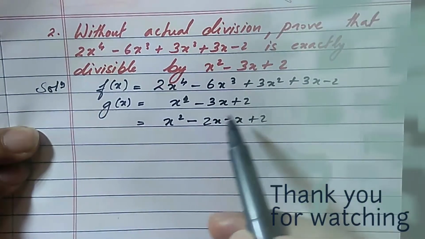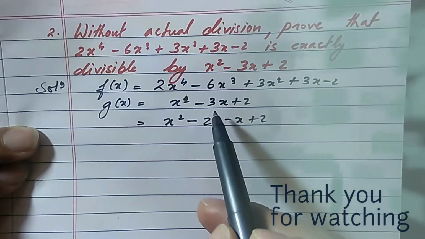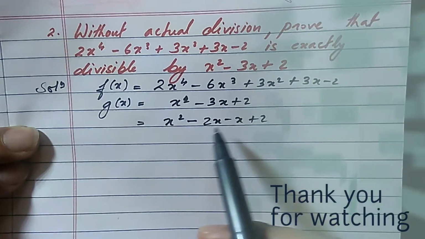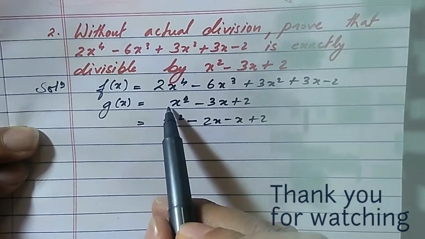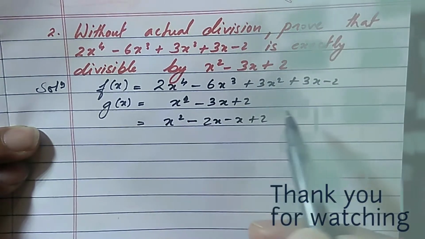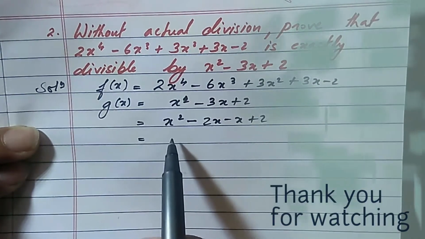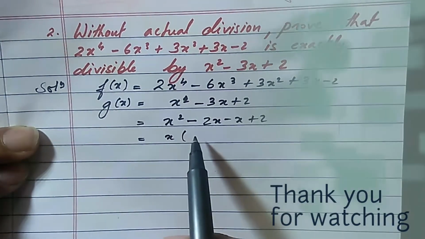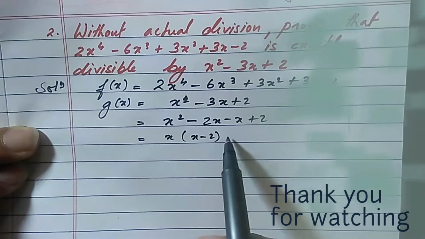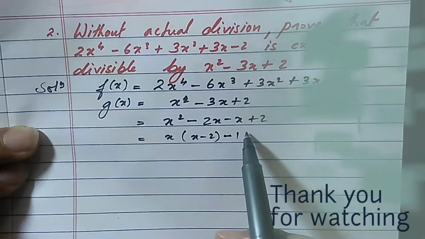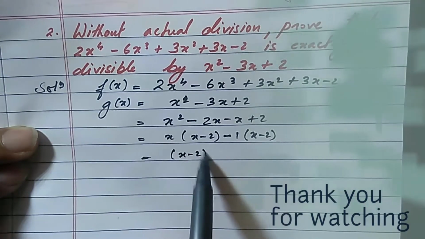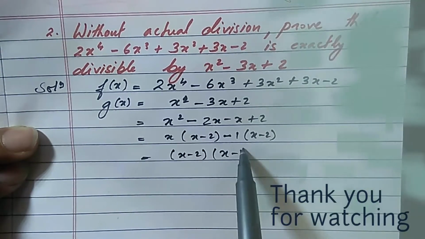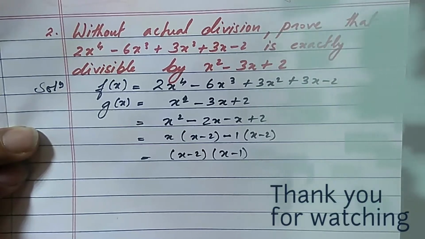I wrote it this way because I know minus 2x minus x will give me minus 3x, and at the same time, minus 2 into minus 1 will give me the product of the coefficient of x squared and the constant term. Now we can take x common from here, so it becomes x minus 2, minus 1 common here, x minus 2, again x minus 2 is common, so x minus 1. So we have factorized g(x).